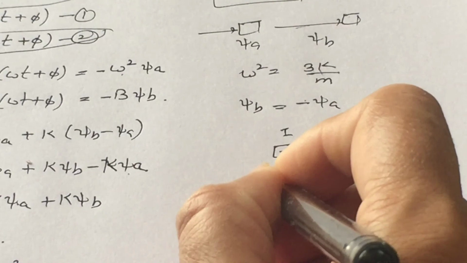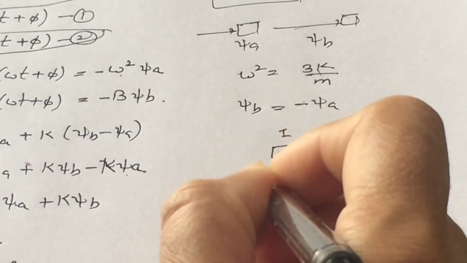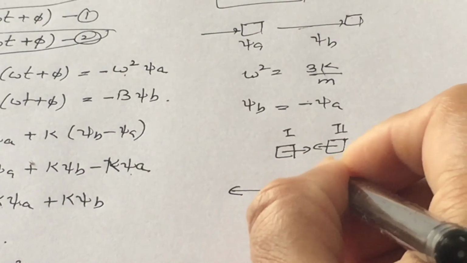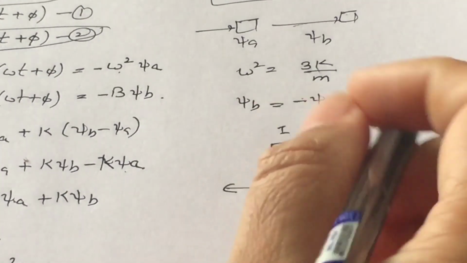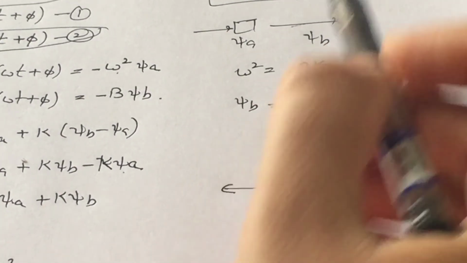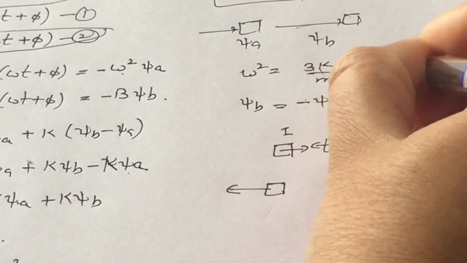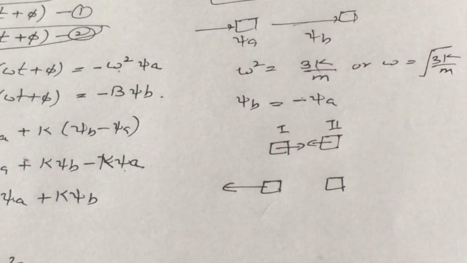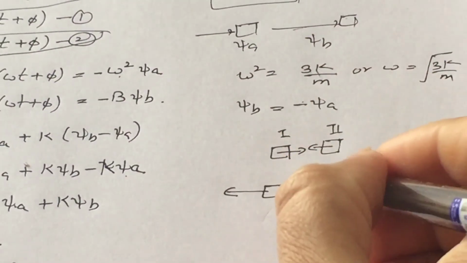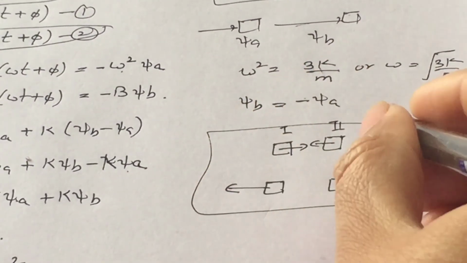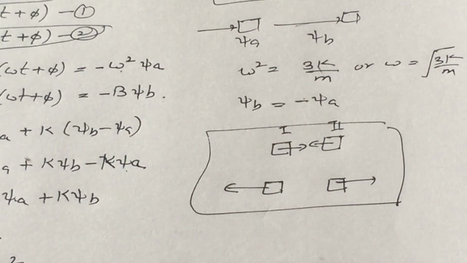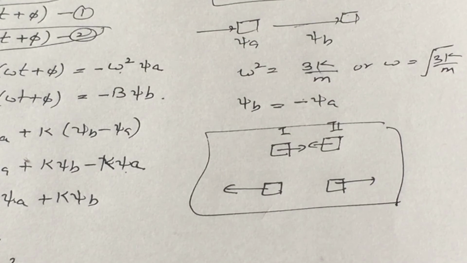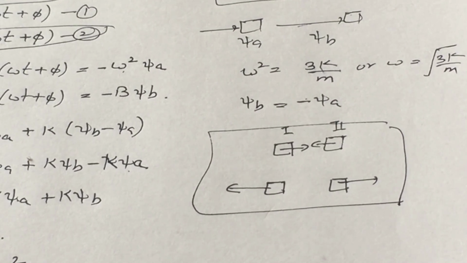And if the first mass is moving towards the left direction, at this time with omega square equal to 3k by m, or we can say that omega is equal to the square root of 3k by m. This time the motion of our system is like that, they are showing compression and rarefaction regions. It means they are showing longitudinal oscillations.